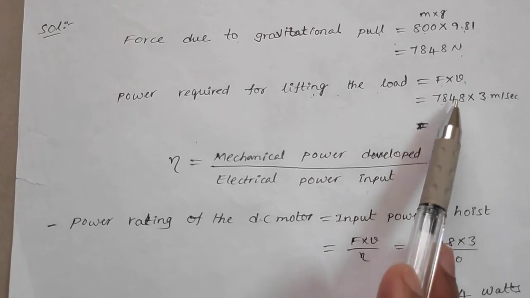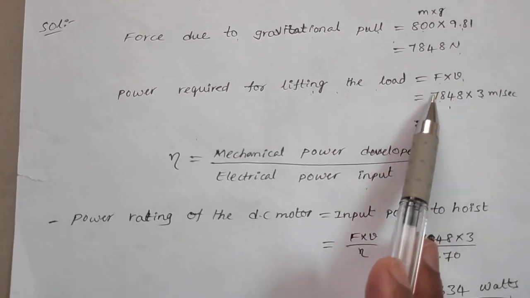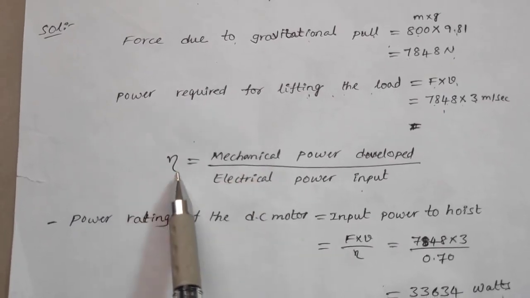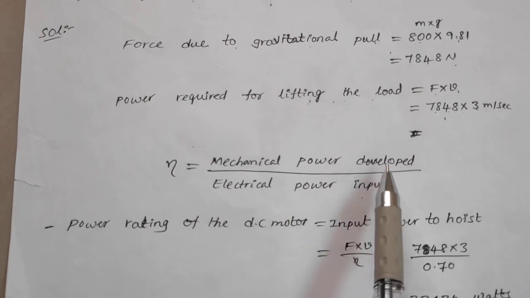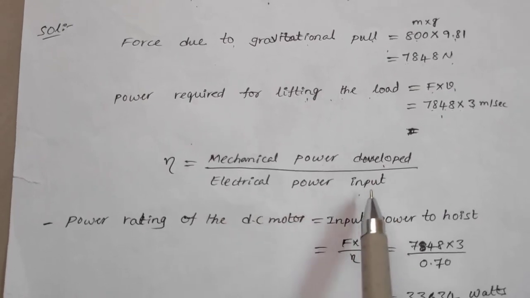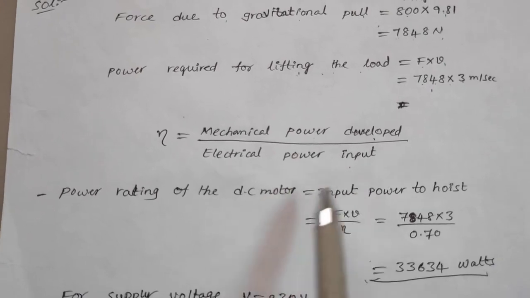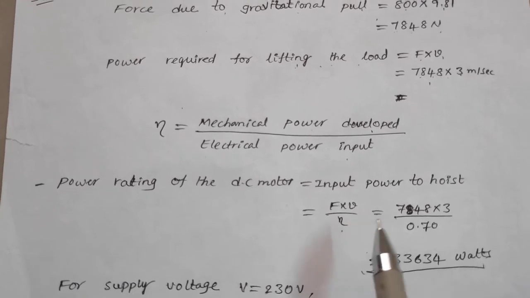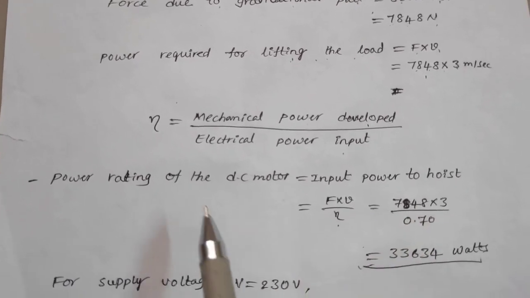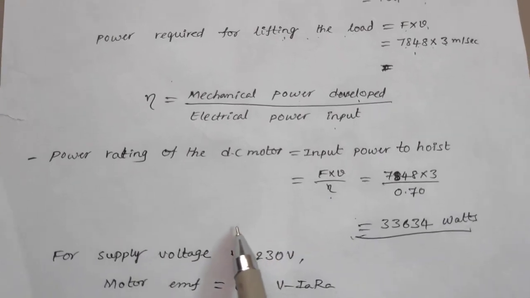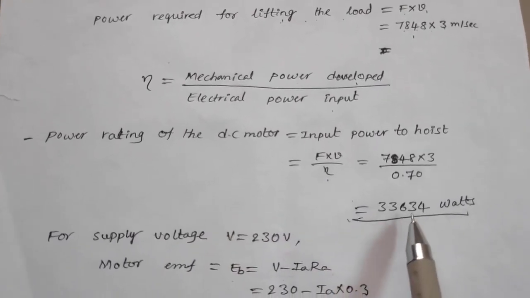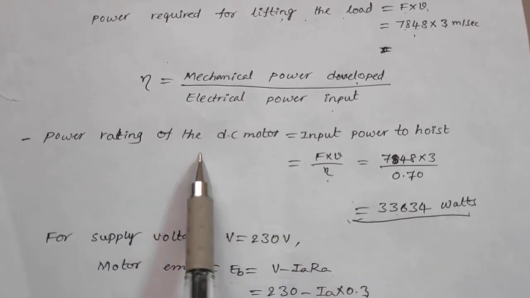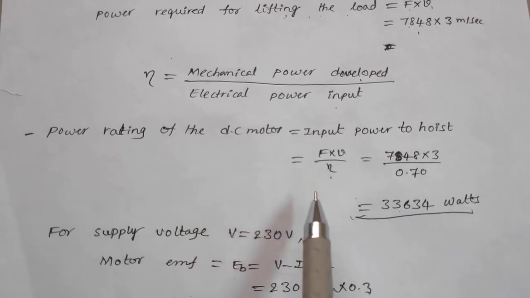We already calculated the mechanical power developed, that is F into V. So substitute the efficiency 0.7 in this equation, and you can get the electrical power input, which is the power rating of the DC motor, equal to F into V by efficiency. By substituting these values, we get the power rating of the DC motor, which is equal to 33,634 watts.